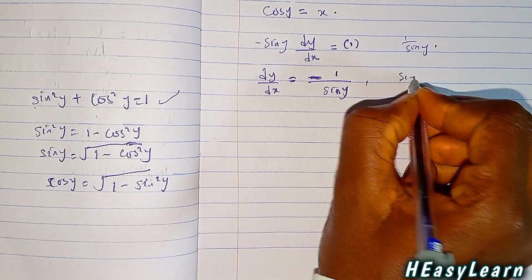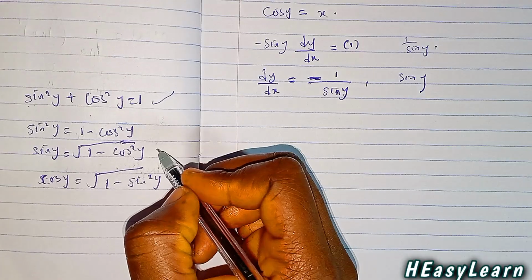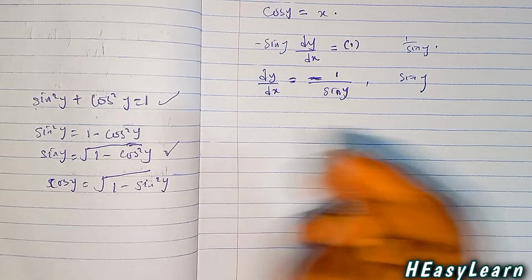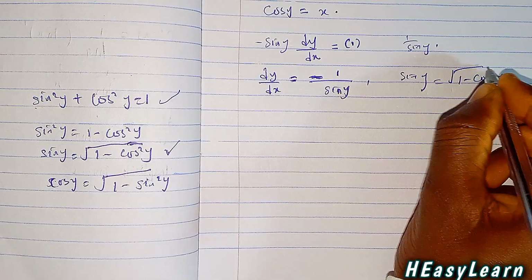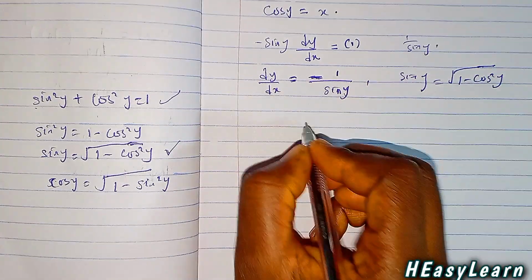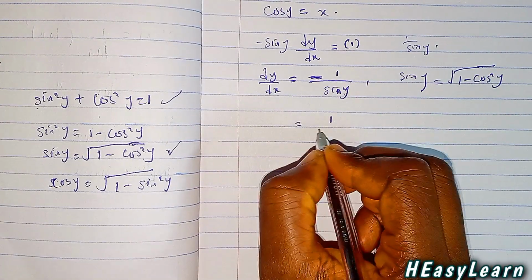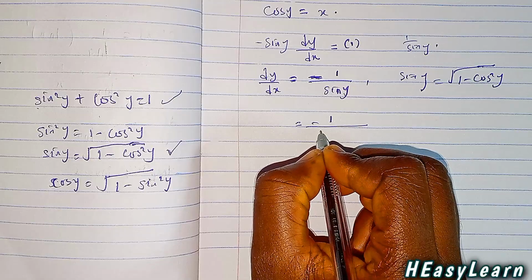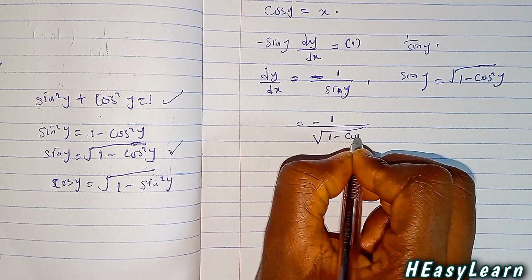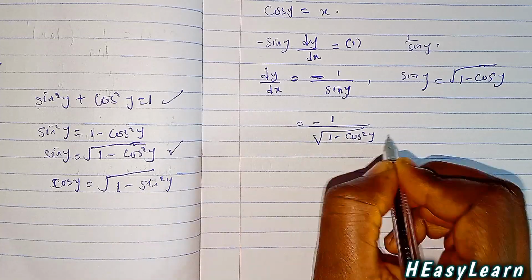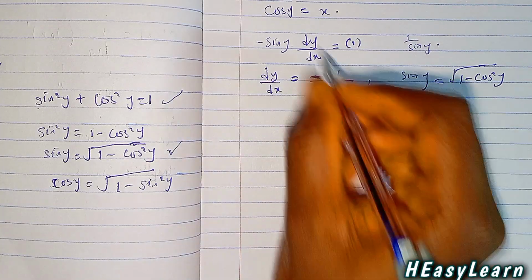What is sine y from this identity? Sine y is the square root of 1 minus cos squared y. So replace sine y with the square root of 1 minus cos squared y. What is cos y from above?